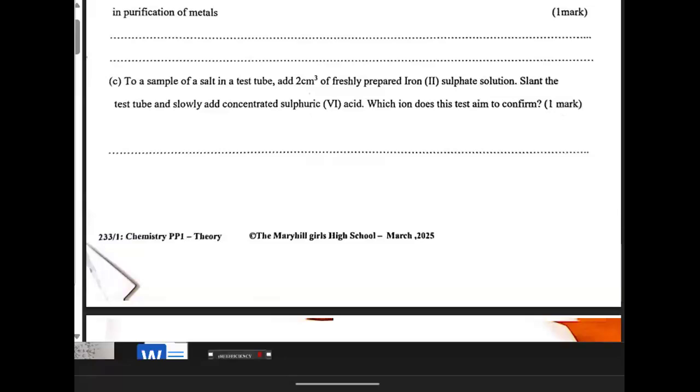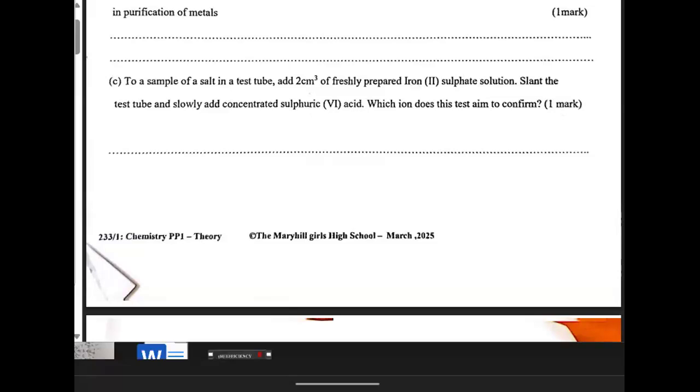To a sample of a salt in a test tube, add freshly prepared iron 2 sulfate, tilt the test tube, and slowly add concentrated sulfuric 6 acid. Which ion does this test aim to confirm?